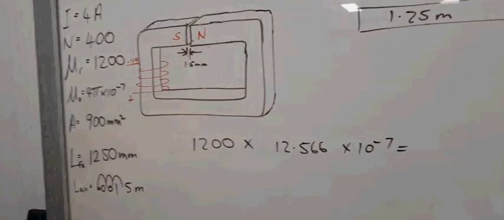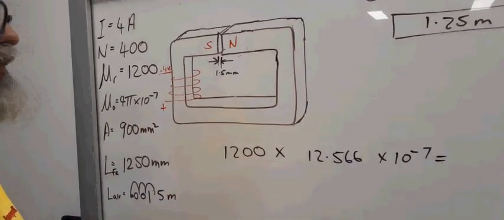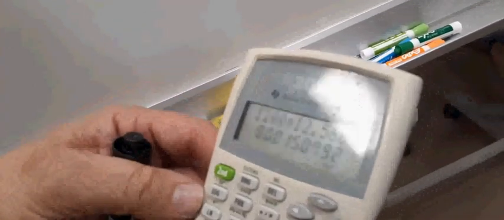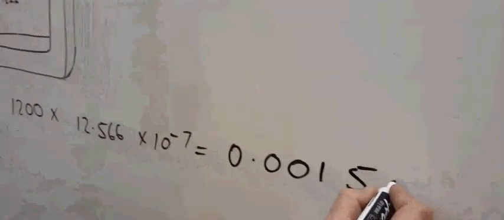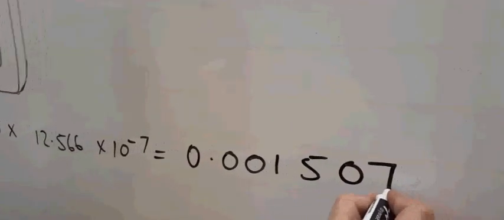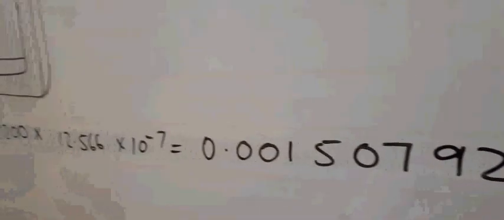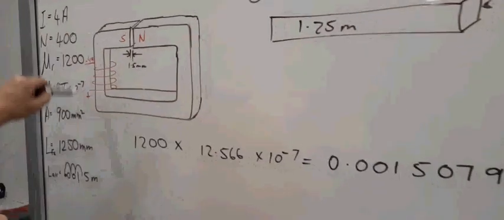So that's the absolute permeability of air multiplied by a number which is 1,200 times better. 1,200 times 12.566 times 10 to the minus 7 equals 0.0015079. So I'll write that down. Okay, so that is the complete permeability of the iron core.